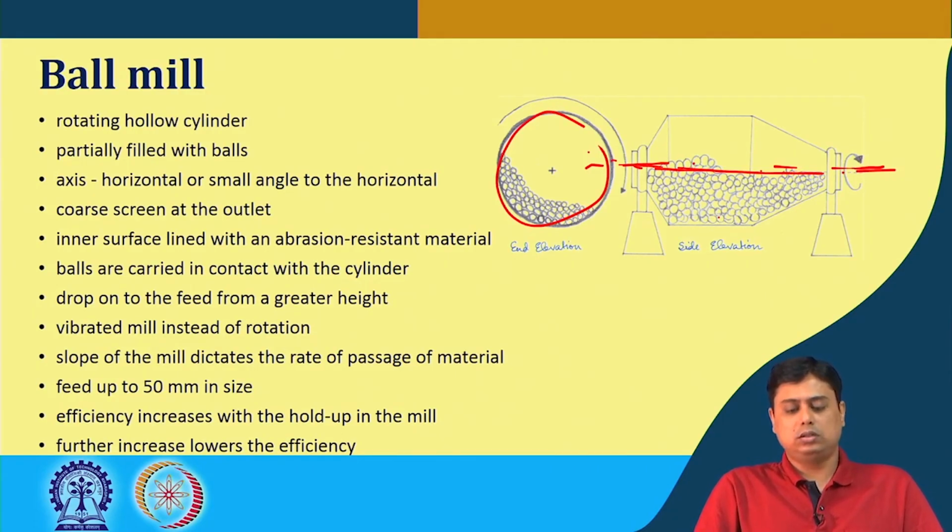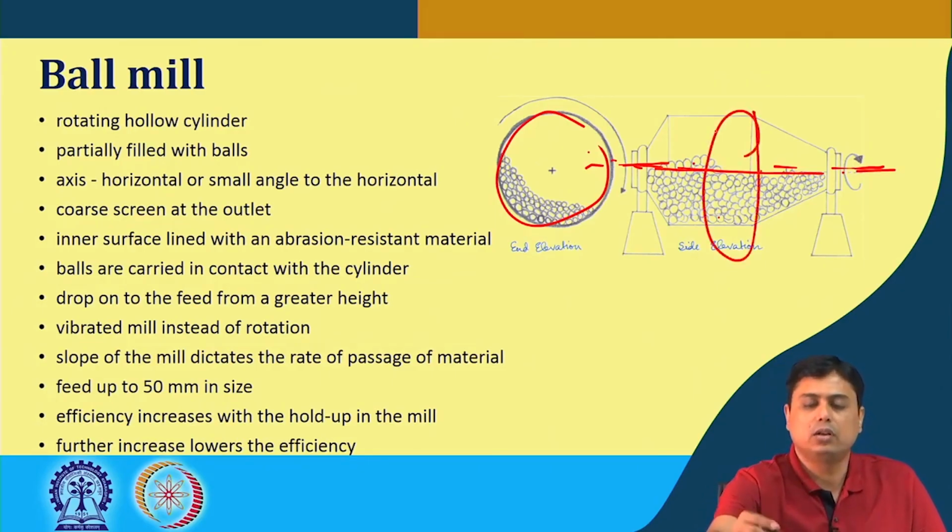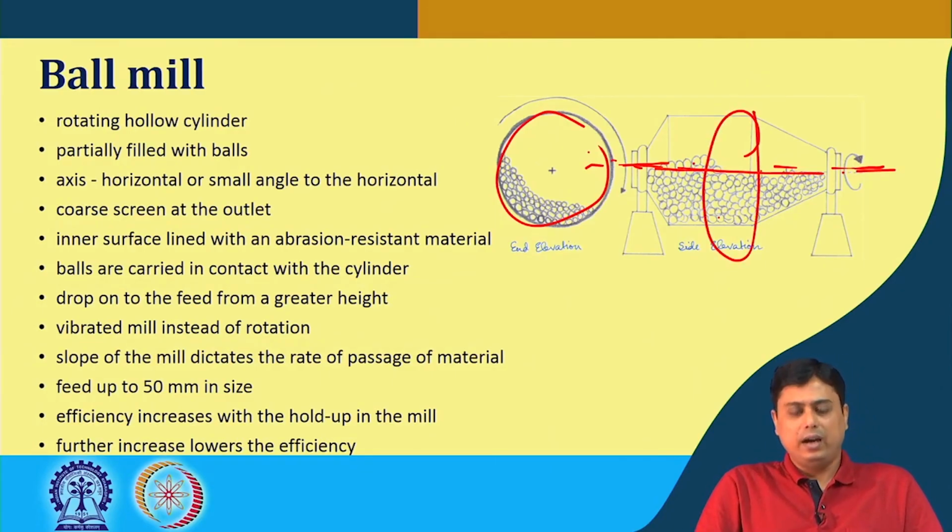The balls, partially filled in this chamber, create a lot of chaotic movement inside the bed, and with the feed and the load it is handling, and the rotation of the body, there are heavy chances of abrasion to all the parts of the ball mill. So, typically the inner lining of the rotating body is made of abrasion resistant material, such as rubber or stainless steel.